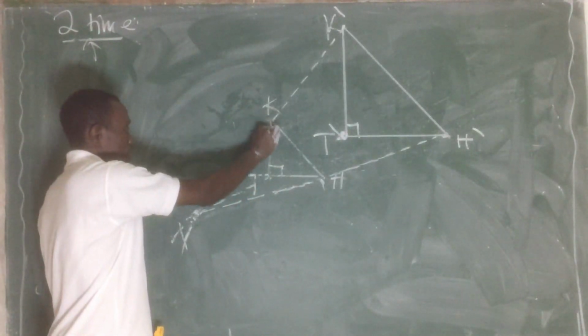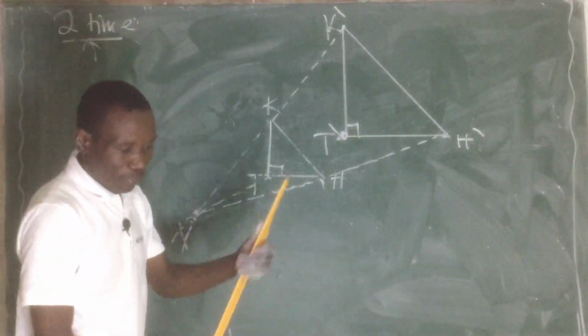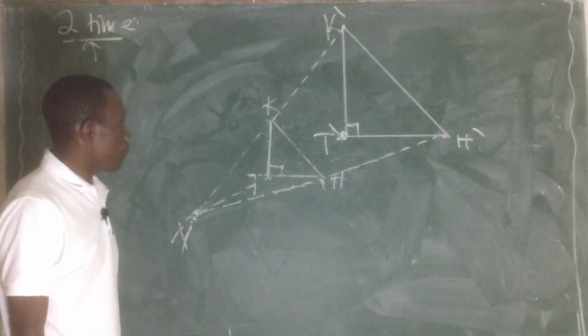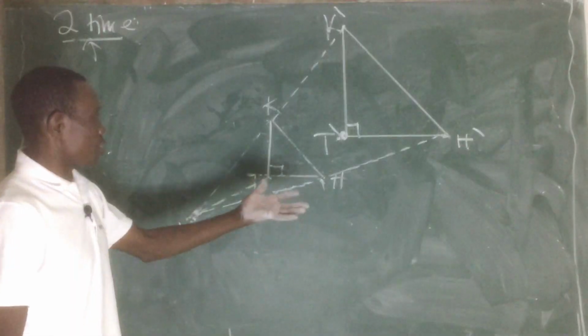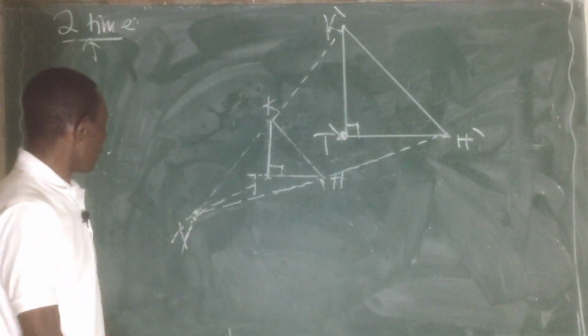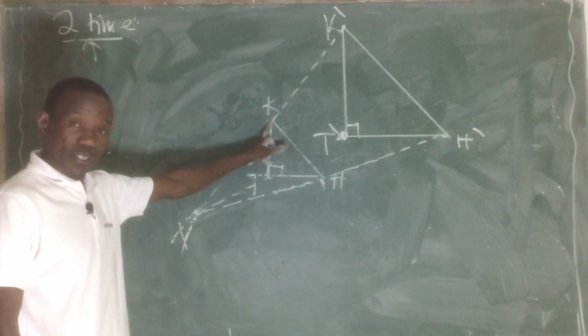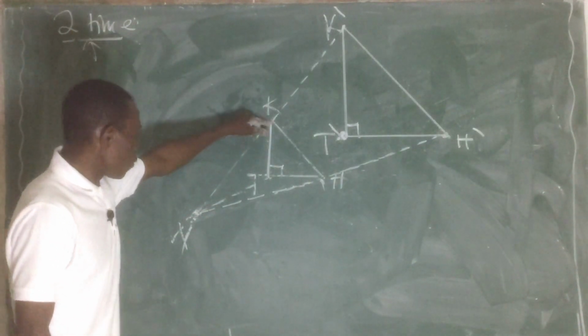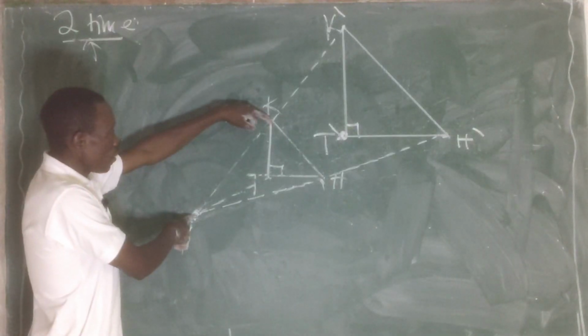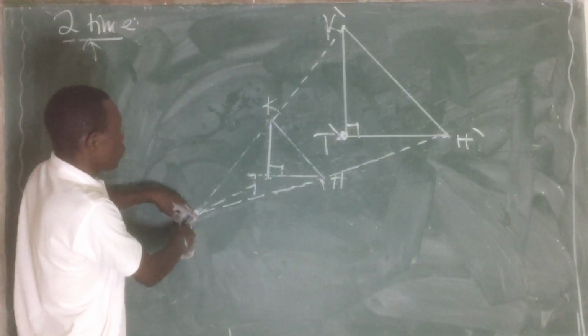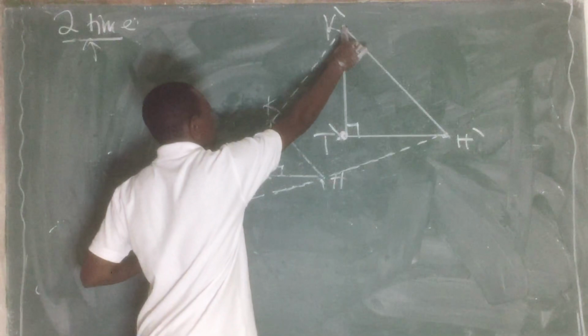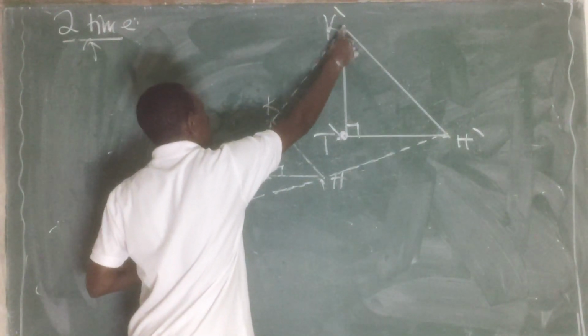So now, look at the activity which I've done here. When we compare, of course, we struggle because this is not necessarily drawn to scale, but you can do better. You're going to realize that if you talk of the distance from here up to the object point K, this one is of a certain length. But now, if I talk of the distance from N to K prime, you're going to realize that this one is twice as much.